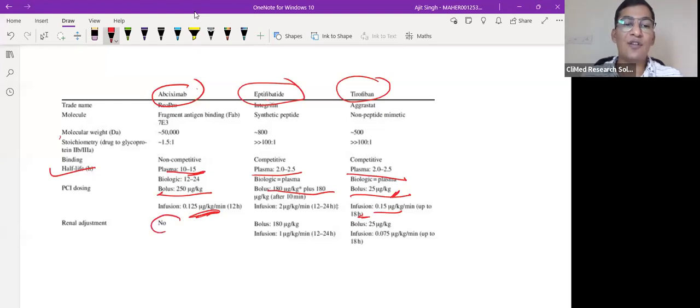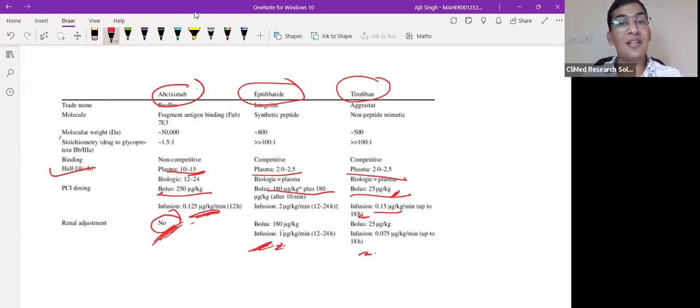We don't need any kind of renal adjustment in the case of abciximab, because this is the original antibody, and these two are synthetic, so they have an effect on the kidney. These have a problem with the kidney, so we need dose adjustment when giving them to patients with renal failure.